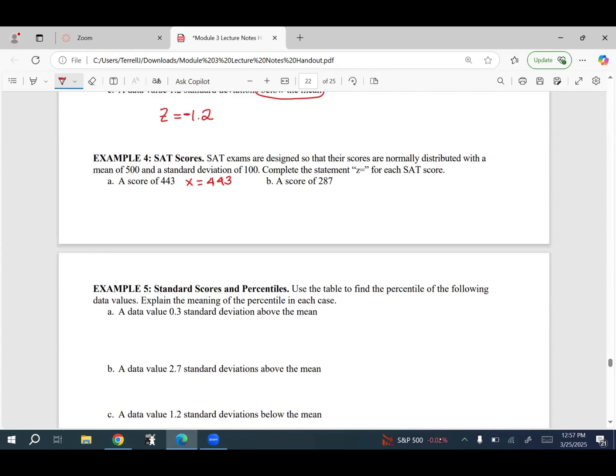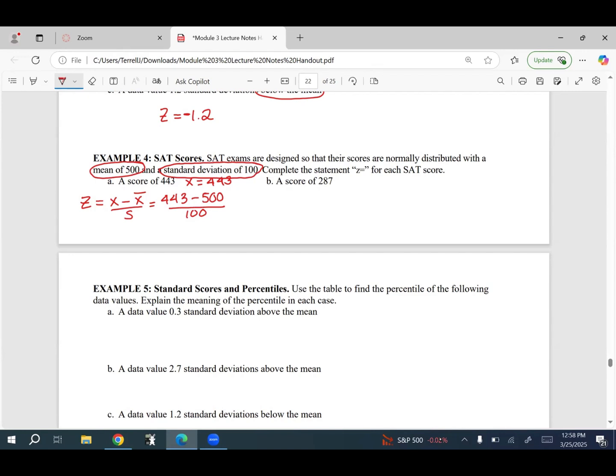Remember the z-score formula. It is your data value minus the mean divided by the standard deviation. Well, our data value is 443. The mean, they give that to you in the problem. And the standard deviation, they also give you. That's 10. Oh, I'm sorry, 100.